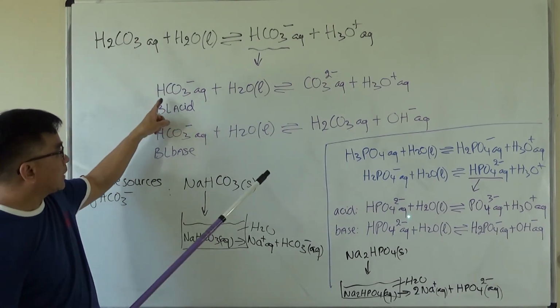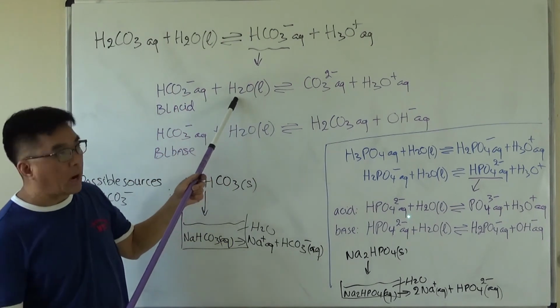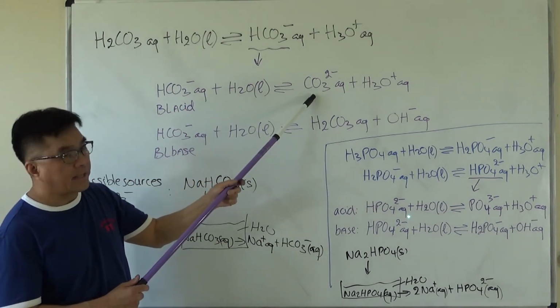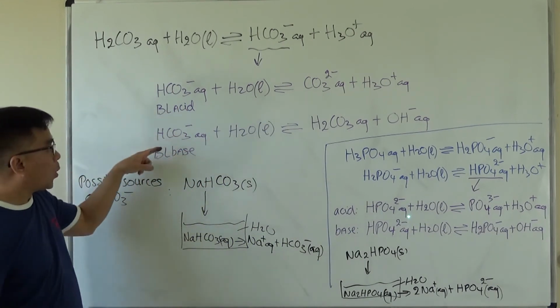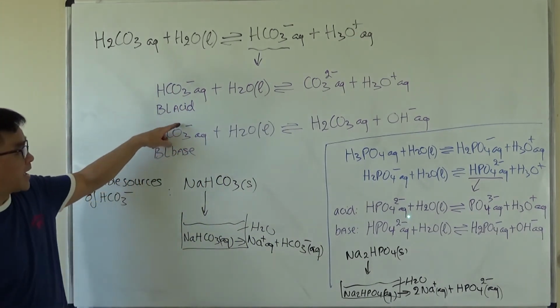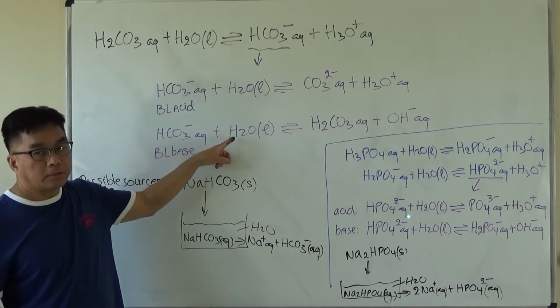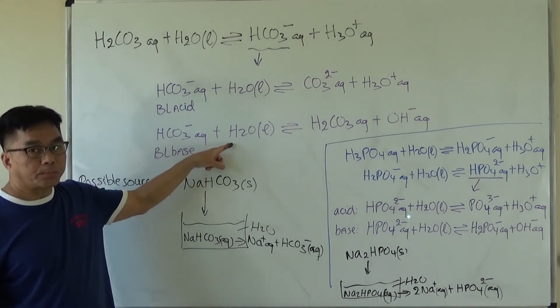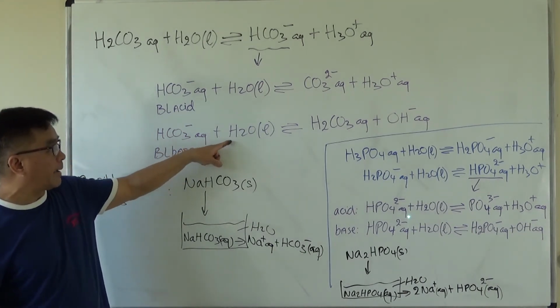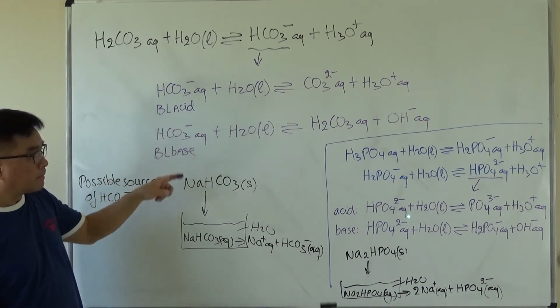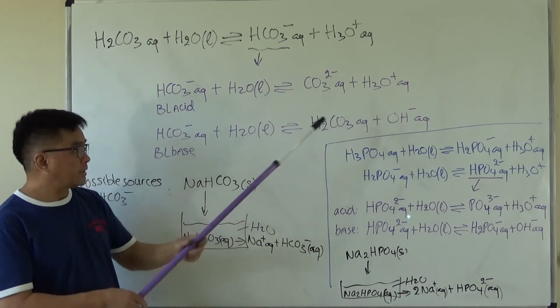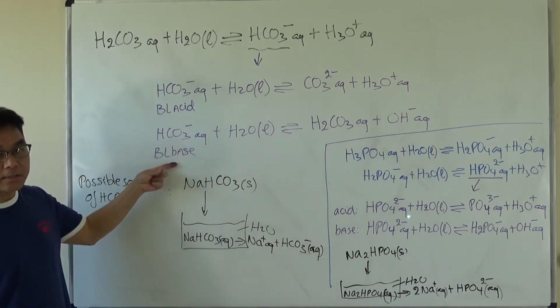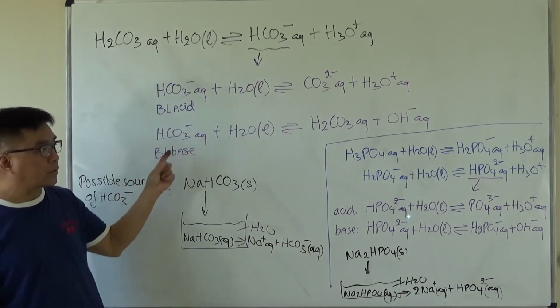It can donate the second hydrogen ion to the water to form carbonate ions. In this case it acts as an acid. Or, because it has a negative charge and the hydrogen here is polar, with a partial positive charge, it can grab a proton from the water to form carbonic acid. In this case it acts as a Bronsted-Lowry base because it's a proton acceptor.